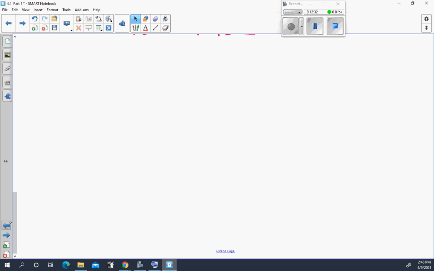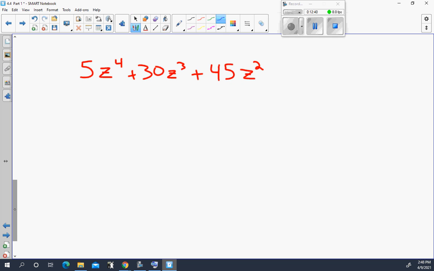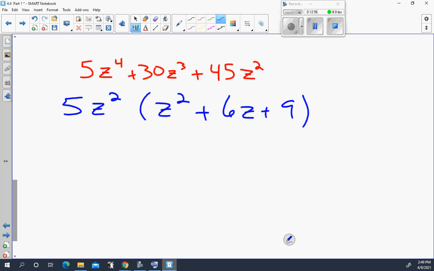Lastly, there it is. What goes into all these numbers? Definitely a 5. Right? All numbers are divisible by 5. We can also take out a z squared. Okay, what would be left? Z squared plus 6z plus 9. Okay. Now just breaking down this thing in parentheses.